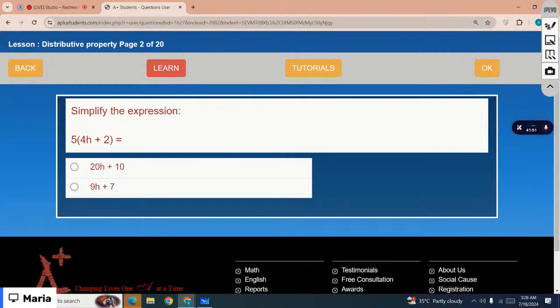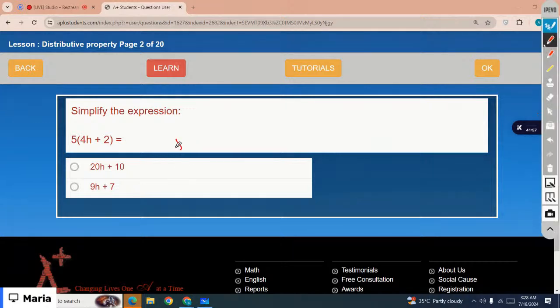Okay, simplify the expression 5 times 4h plus 2. You have to do 5 times 4h and 5 times 2. That is 5 times 4 is 20h and 5 times 2 is 10.